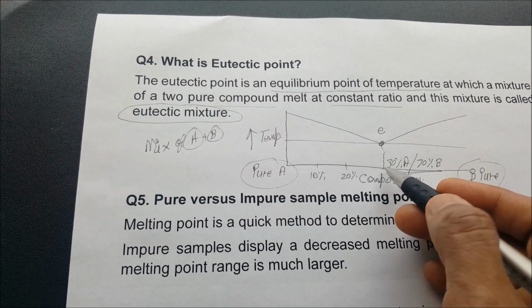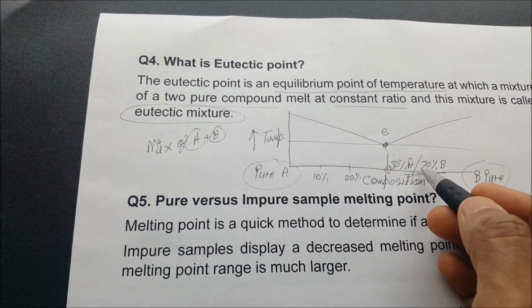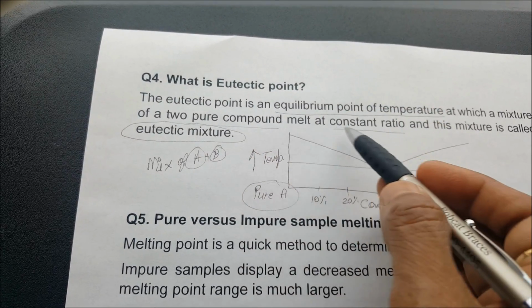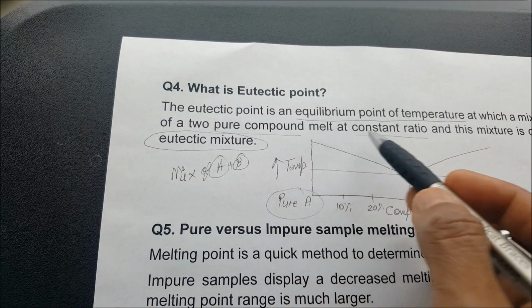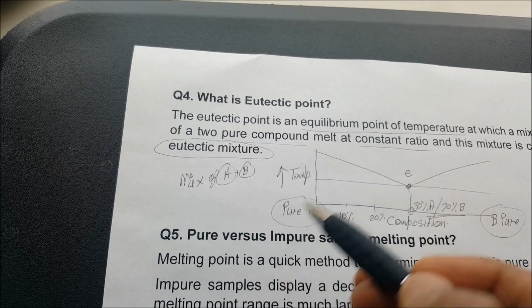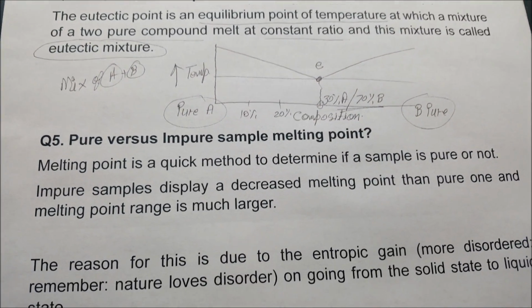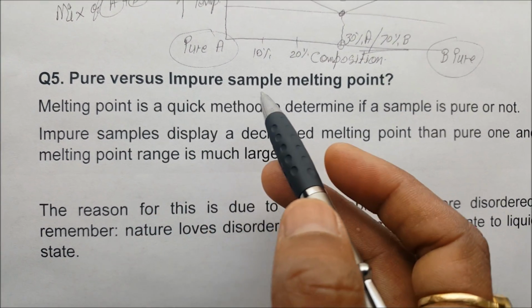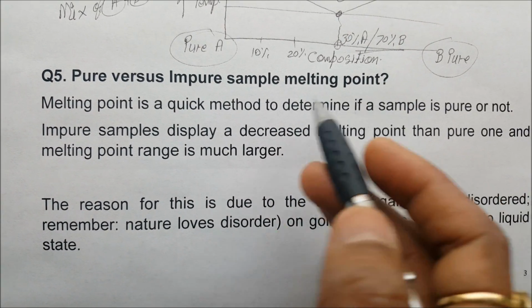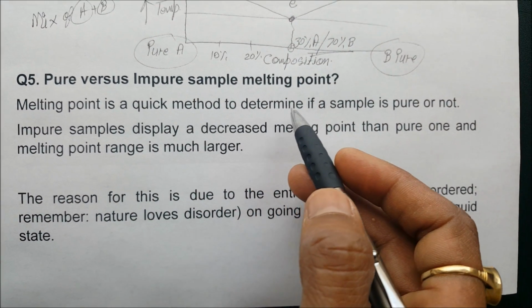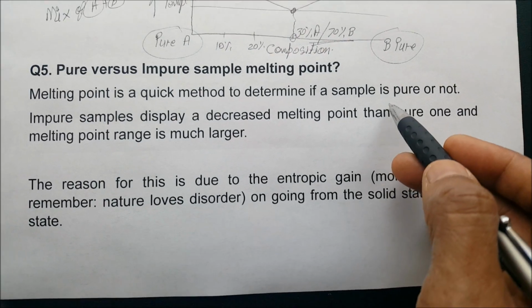This is called the eutectic mixture, and at this composition the compound will melt with the constant ratio of both pure compounds. Next is the pure versus impure sample melting point. Melting point is a quick method to determine if a sample is pure or not.